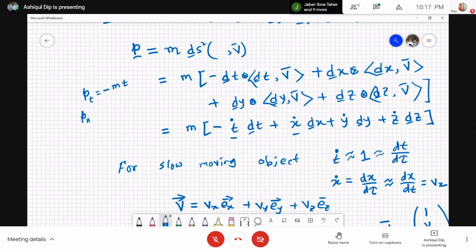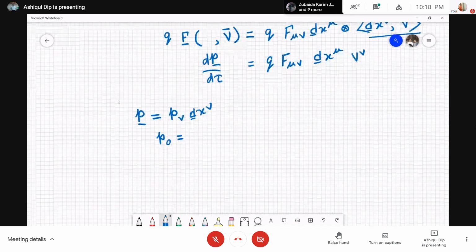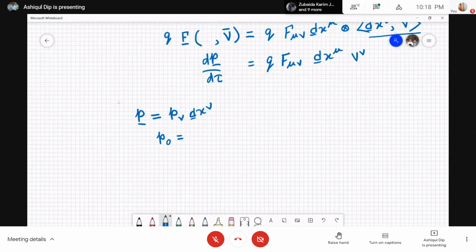Minus m t dot, okay, great. Then p_x? m x dot. Then m y dot, then m z dot. Great. So these are the components of momentum, right? Remember, the zeroth component is negative, so that's the important thing we have to remember here. P_0 is negative m t dot.